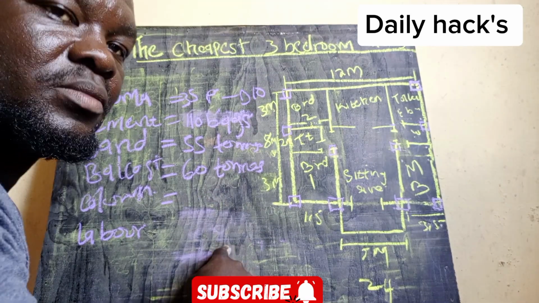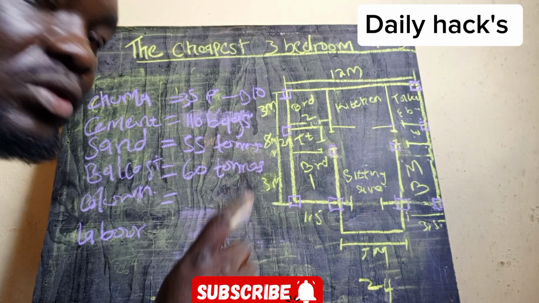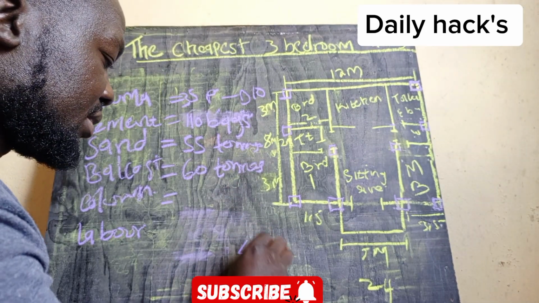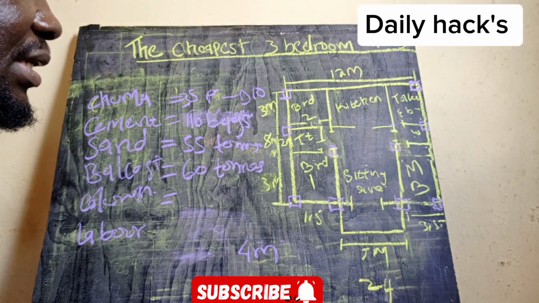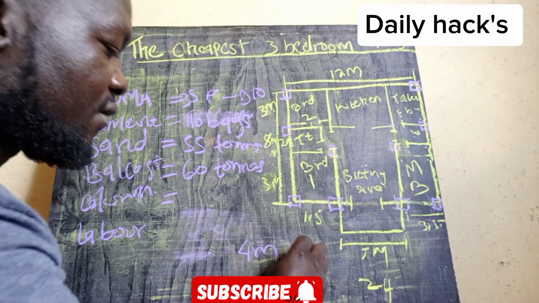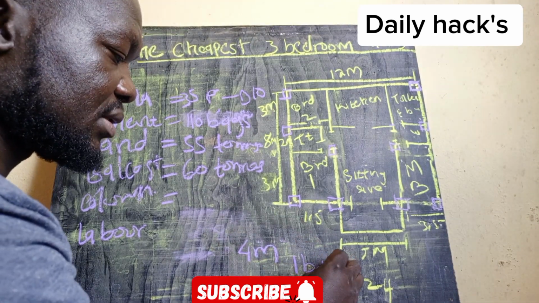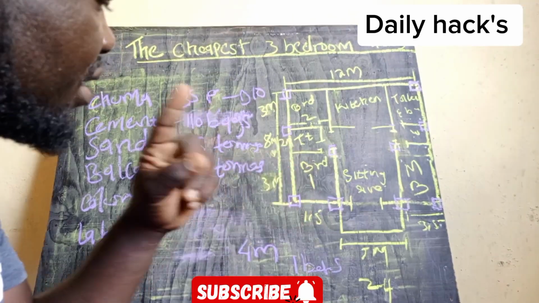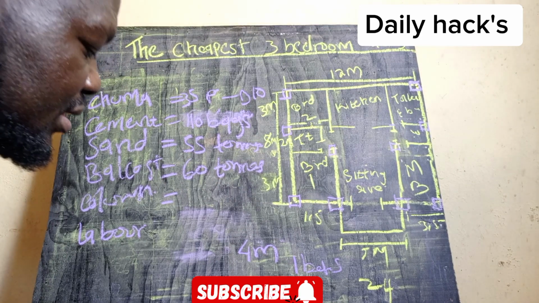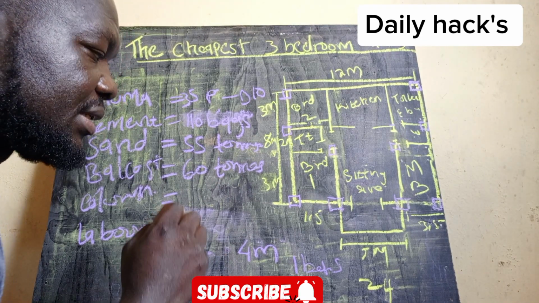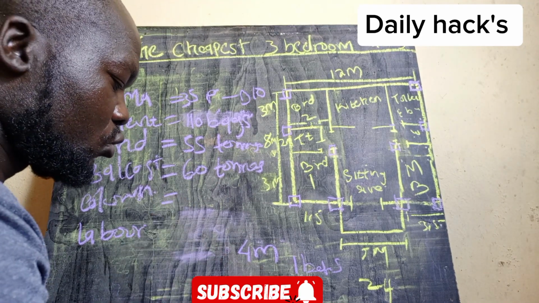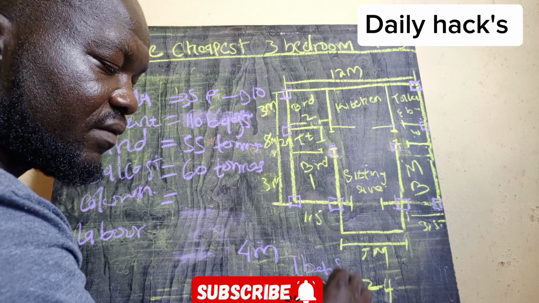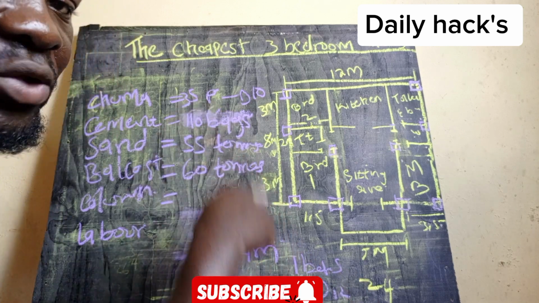So each column, the height of the house, it's around 4 meters, and each column carries 4 bars of chuma. So each column will take 2 chumas, D12. The columns will be done with D12s.